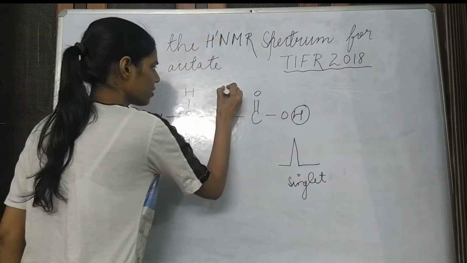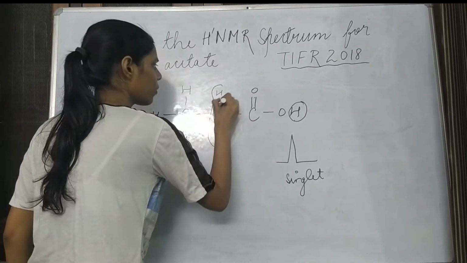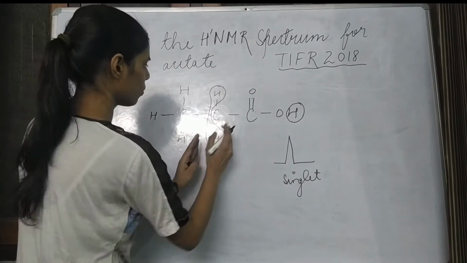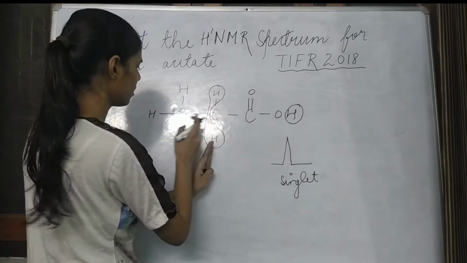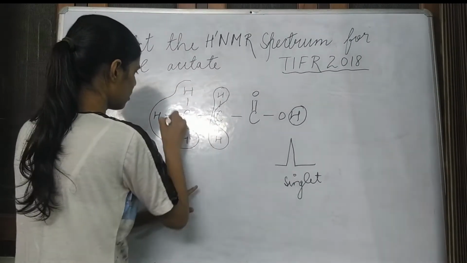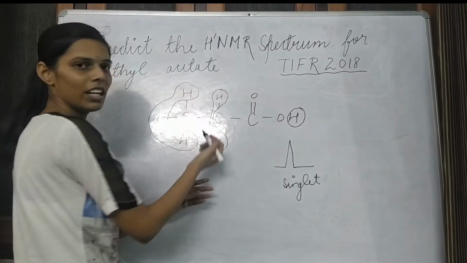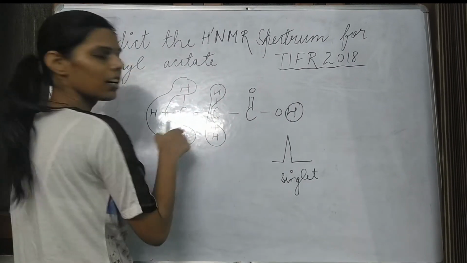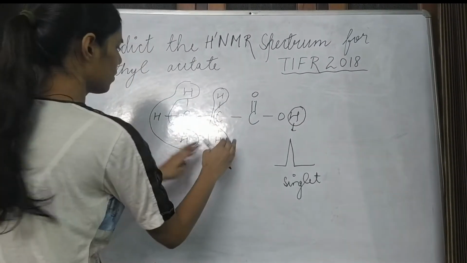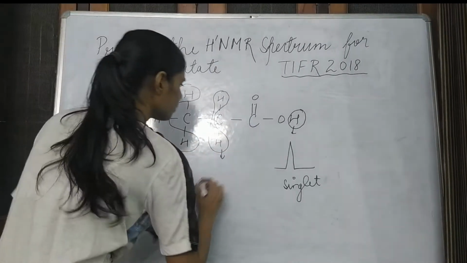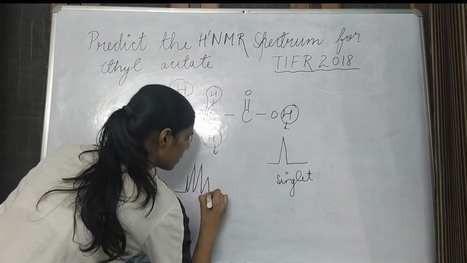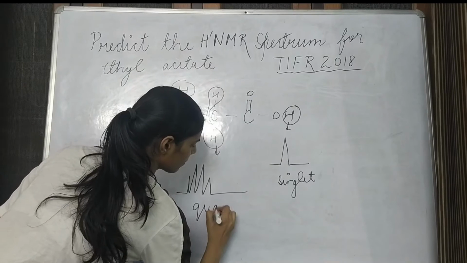Now we'll come to this hydrogen. These two hydrogens are equivalent because they have the same chemical environment. On this side they don't have any adjacent hydrogen, and on the other side they have 3 hydrogens. So we'll apply the n+1 rule. If there are 3, then we'll get 4 peaks, a quartet.